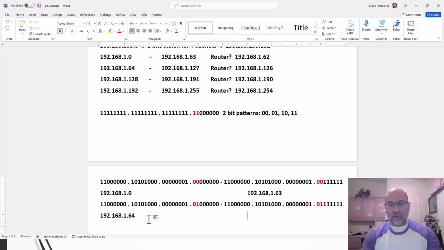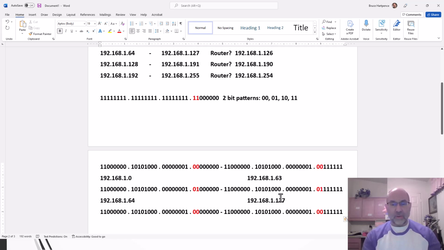And we come all the way over here and we say, well, 64 plus 63, 192.168.1.127. So what I'm doing here is looking at that pattern, and I add all these numbers up, 64 plus 32 plus 16 plus 8 plus 4 plus 2 plus 1.